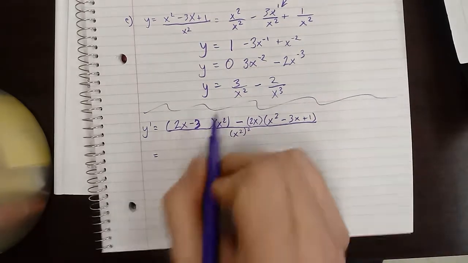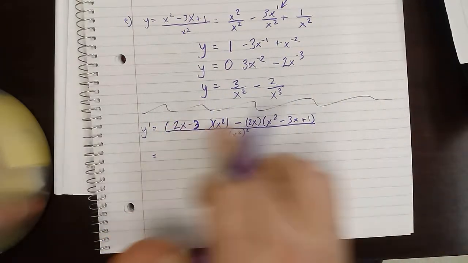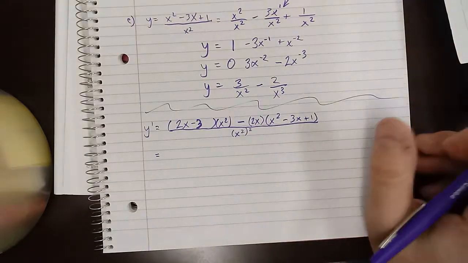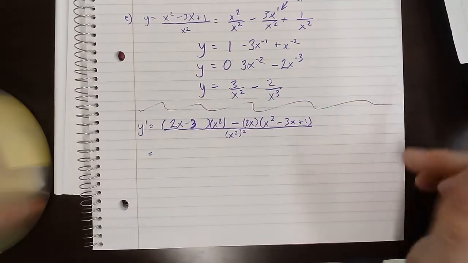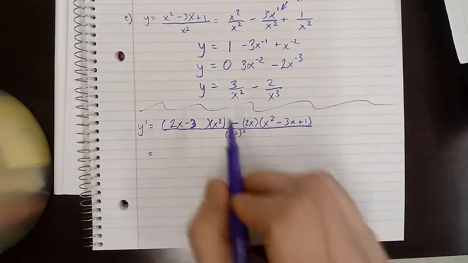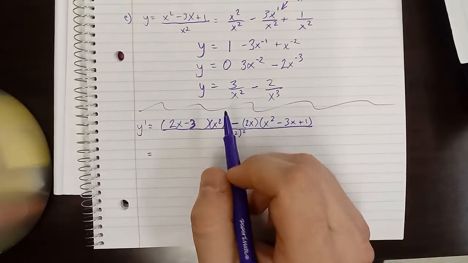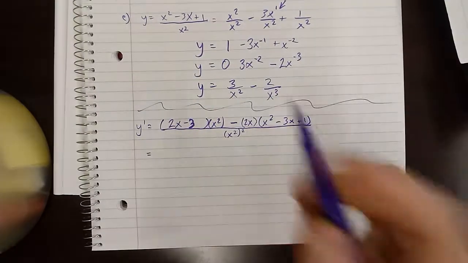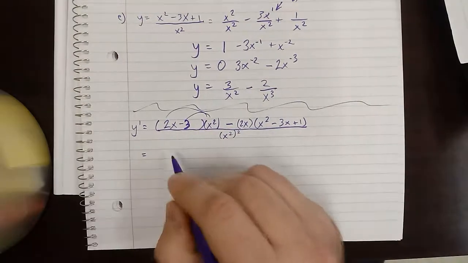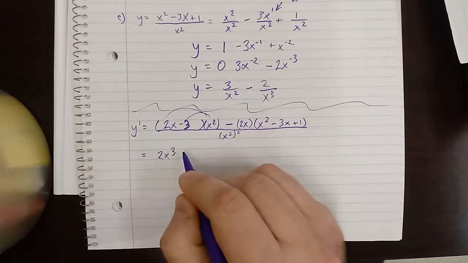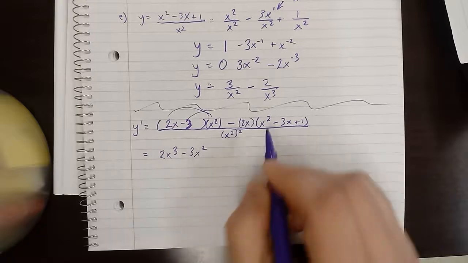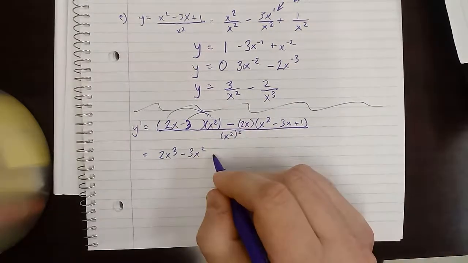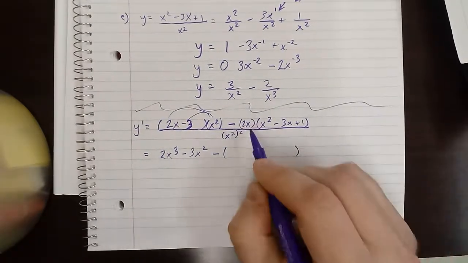Okay, so if we FOIL this all out, I'm curious to see, do they get the same thing? Because if they don't get the same thing, there's an error somewhere. Like earlier in the video, I don't know if you remember, but I dropped an x somewhere. So here when I distribute, I'll get 2x cubed minus 3x squared. Then here, we're going to be careful because there's the minus. Let me put the parentheses first.